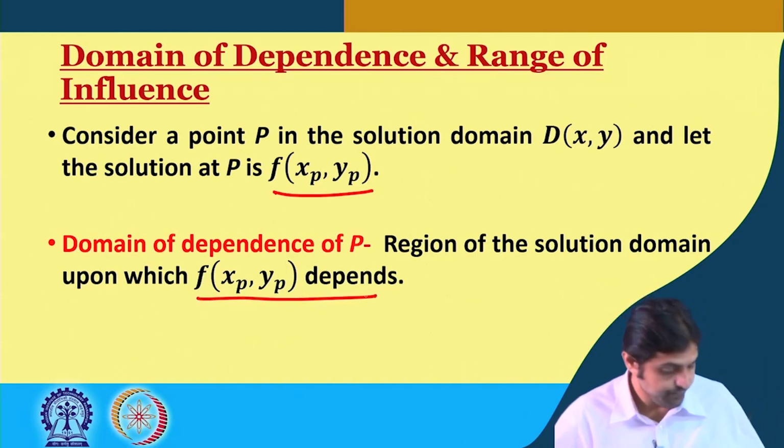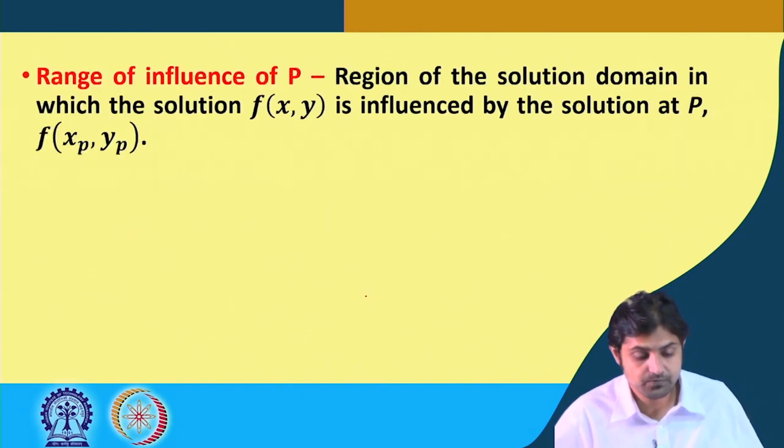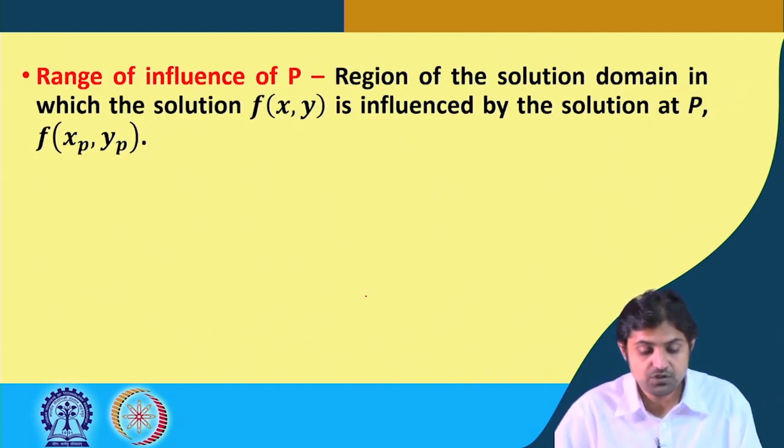The region of influence of P is the region of solution domain in which the solution f of x comma y is influenced by the solution at P, which is f of xp comma yp.